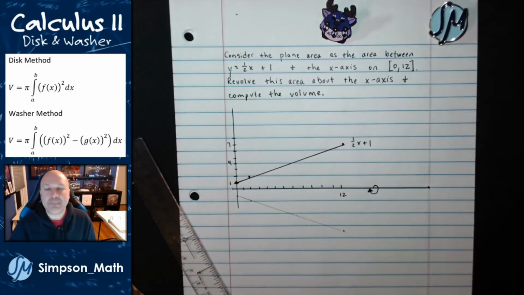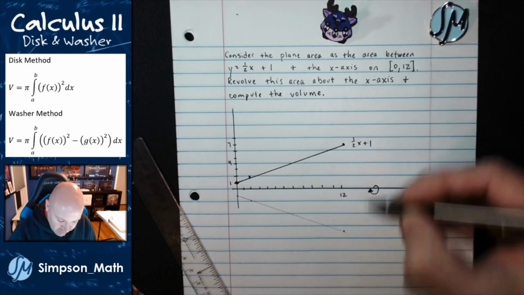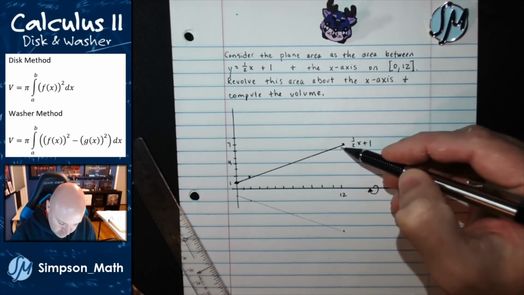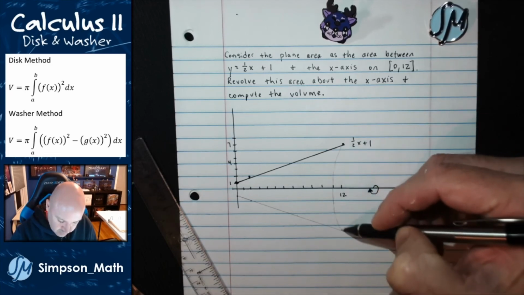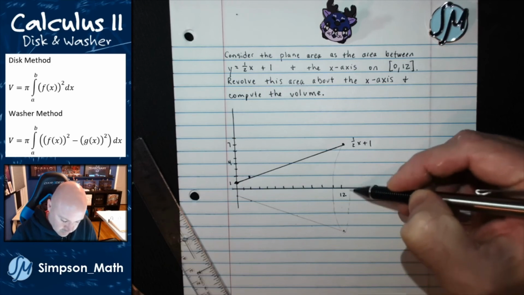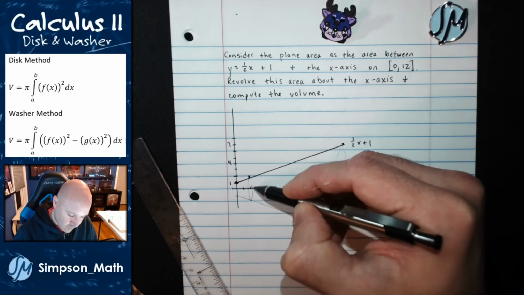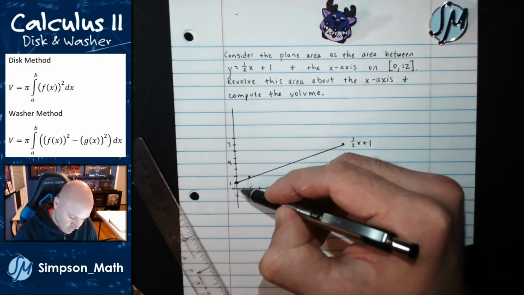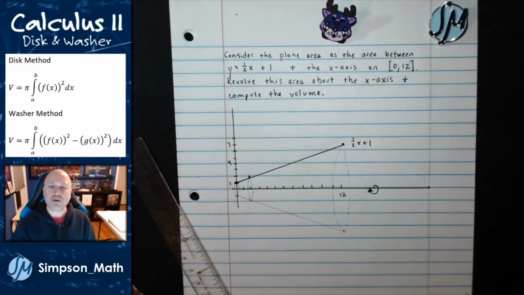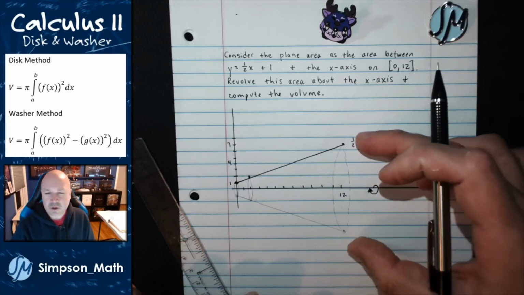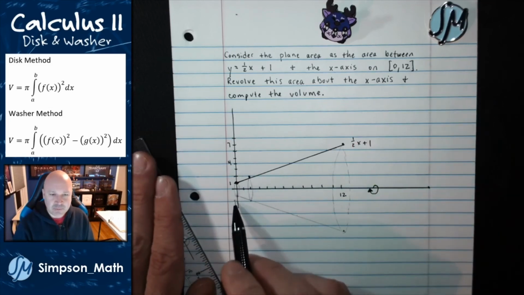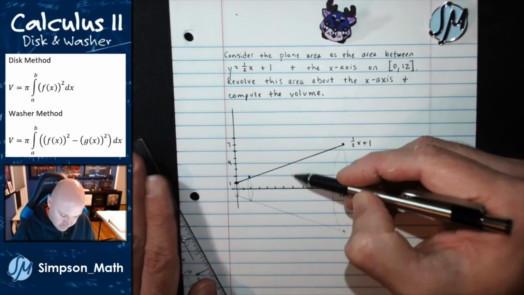And then I'm going to do my best to make a three-dimensional object here. I'm going to create that revolution, so these circles. And hopefully y'all can see it's just a cone that the very tip has been chopped off.